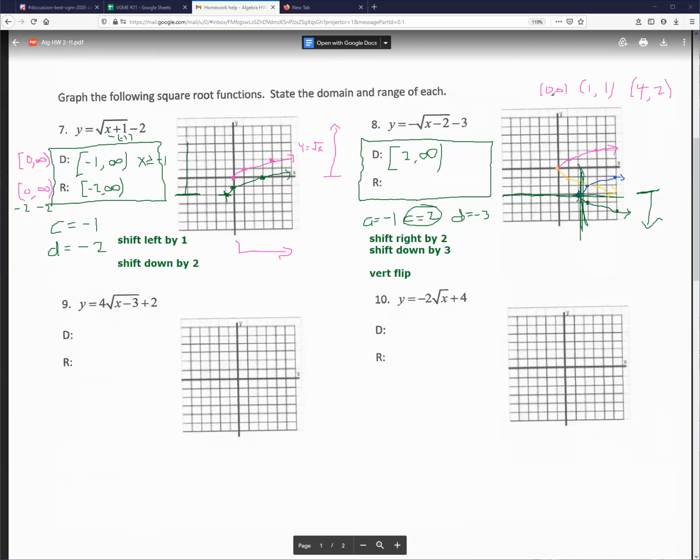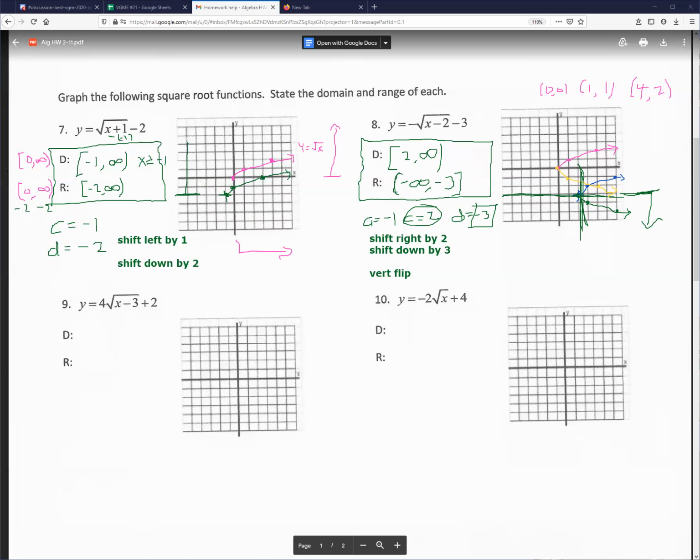We don't go up to infinity, but we do go down to negative infinity. So starting from negative infinity, the place where we stop is at -3. And we do include -3, so that's a hard bracket, whereas this is a parentheses. Infinity is always parentheses. All right, so there's number 2 down.